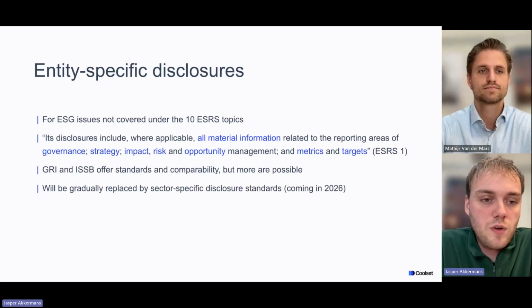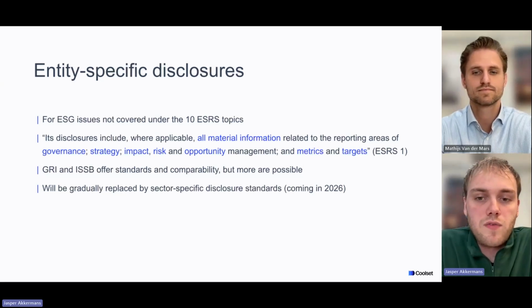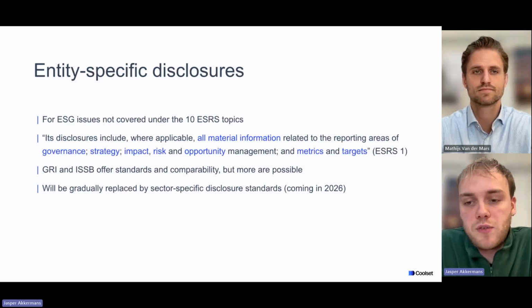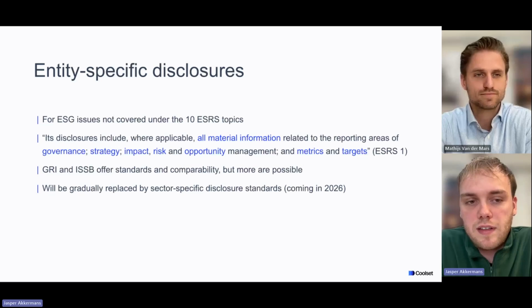So what does it include? Its disclosures include, where applicable, all material information related to the reporting areas of governance, strategy, impact, risk, and opportunity management, as well as metrics and targets. So this basically means that you would need to report on all elements of this entity-specific disclosure, just as you would when you do the 10 ESRS topics.